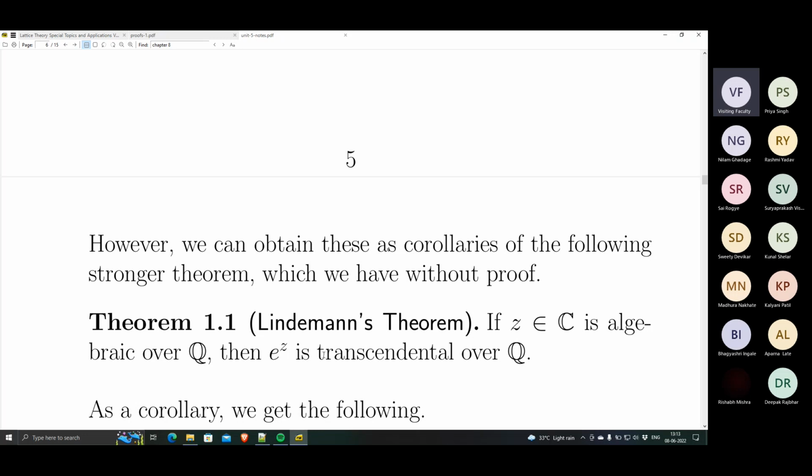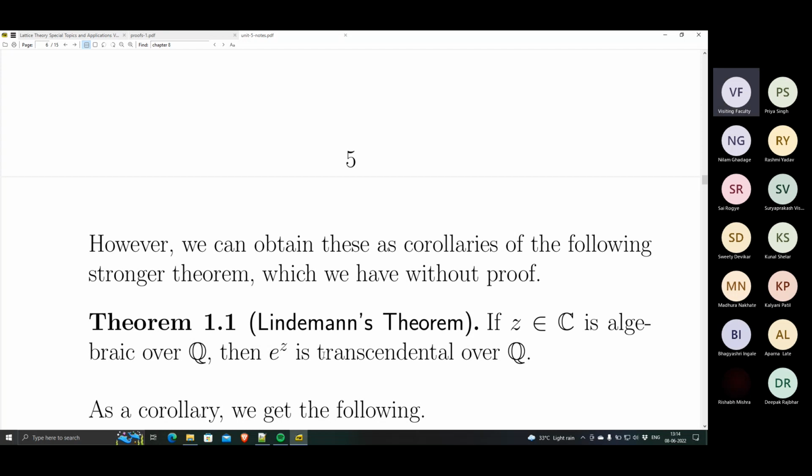So they are much more complicated, much more difficult numbers to compute or calculate. That is an intuitive difference between algebraic and transcendental numbers. So if z is a complex number that is algebraic over Q, that is an easy number over Q. e raised to z is in fact a difficult number. e raised to z is transcendental over Q. It will not be an easy number to calculate.